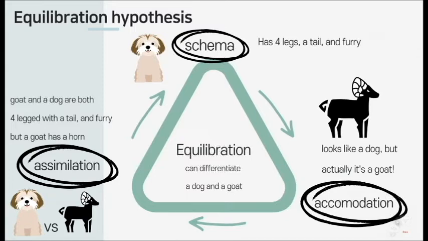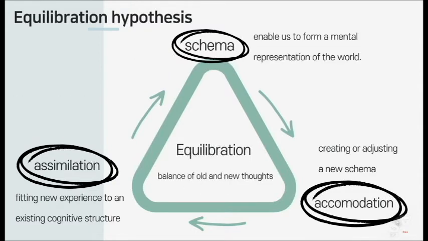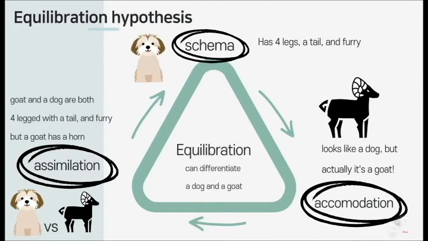So now in accommodation, just like the one before, it's creating or adjusting a new schema. At this point, the child is going to try to balance the schema of a dog and a goat.